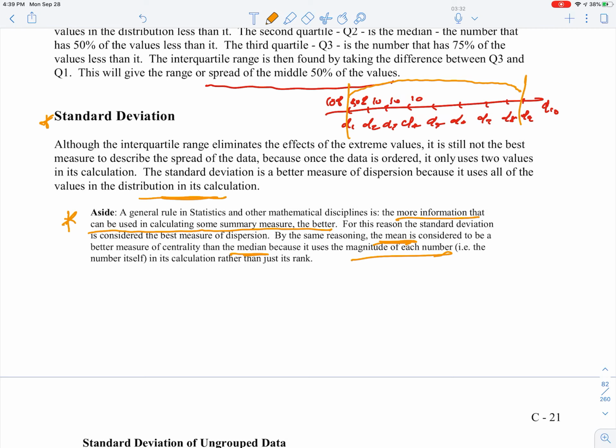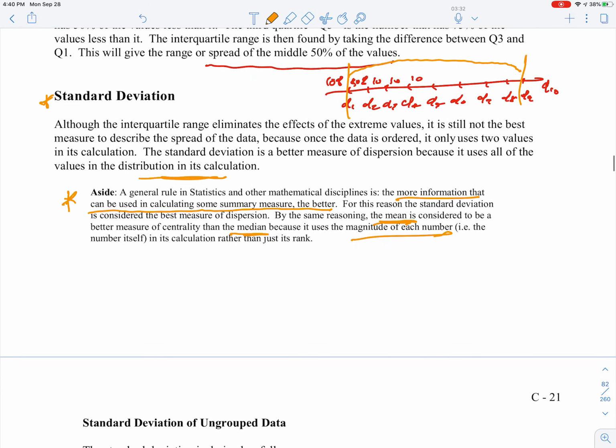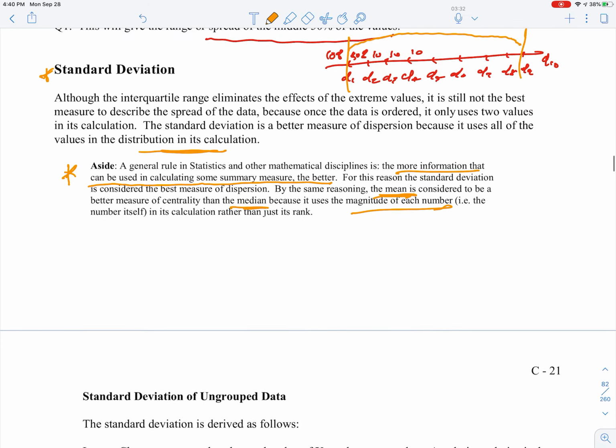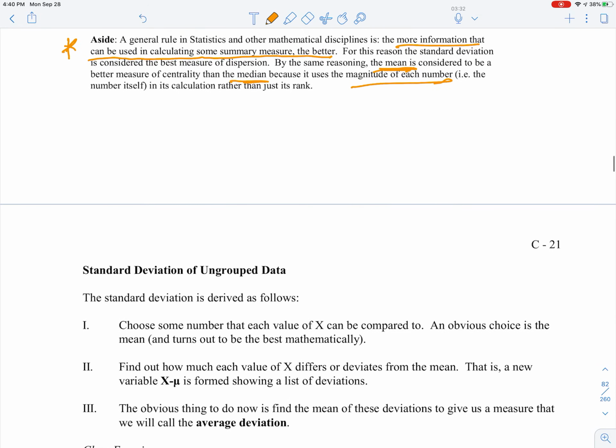That's why the median is still a useful thing and we want to use it. But the mean gives you more information, and especially when the data are fairly symmetric, or you knock off those outliers, it's a better measure of centrality. Similarly, the standard deviation is going to use every number in its calculation.